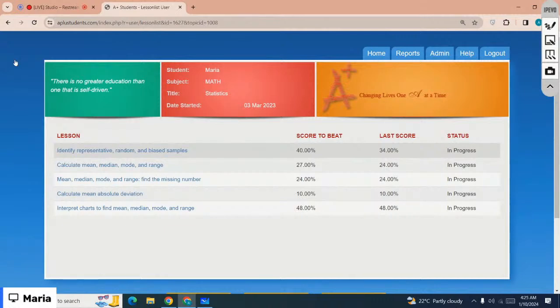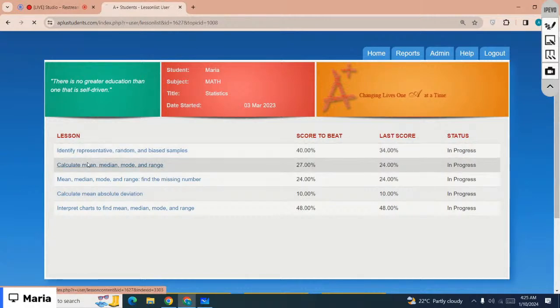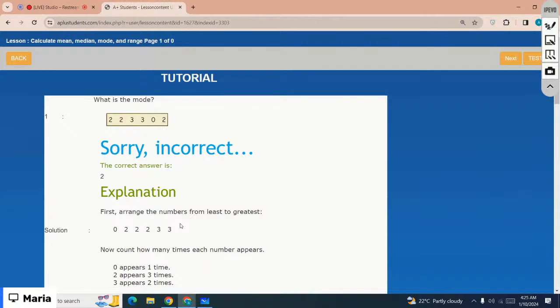So that would be representative, right? The next one is that we're going to start the next lesson, which is calculate mean, median, mode, and range. Let's just start with the next lesson, right? Let's start with the practice questions.